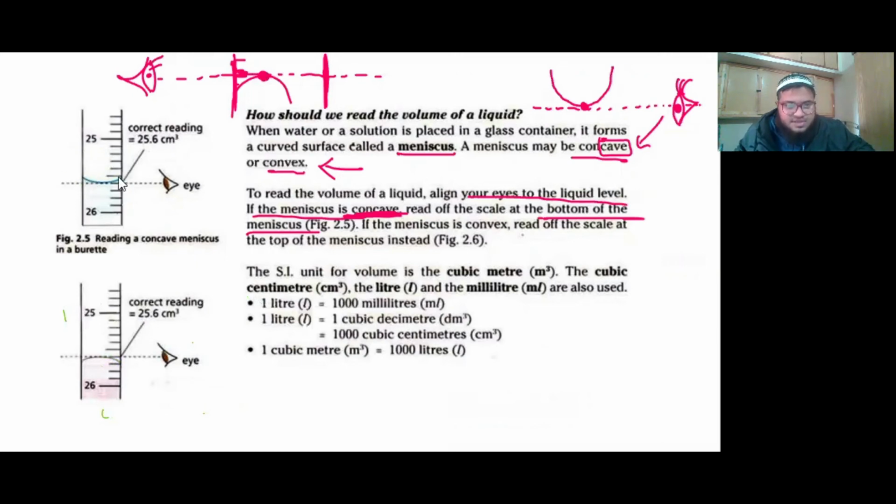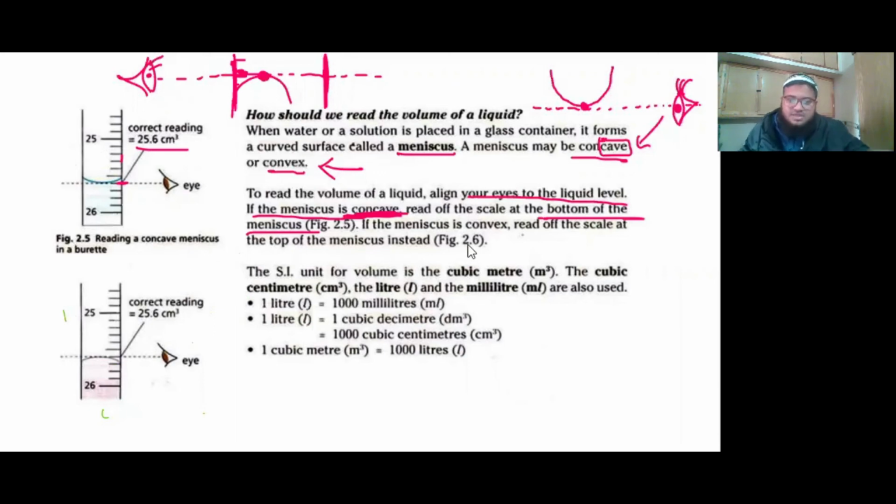This scale reading is 25.6 cm cube because it's the sixth division after 25. And if you look at this one, it's 25.6 as well. But the difference between them is that this is the upper meniscus and that's the lower meniscus, meaning this is a convex meniscus and this is a concave meniscus.